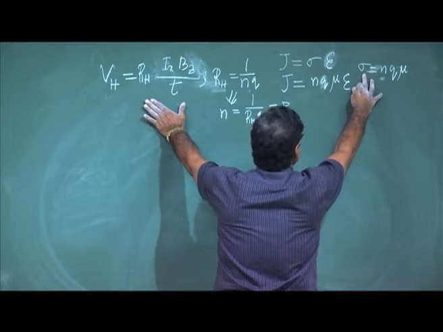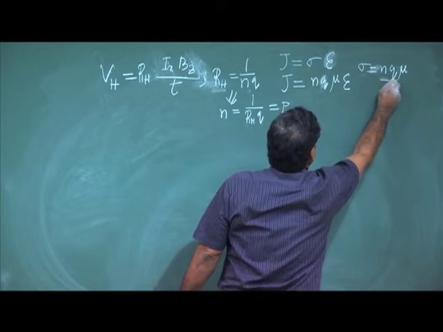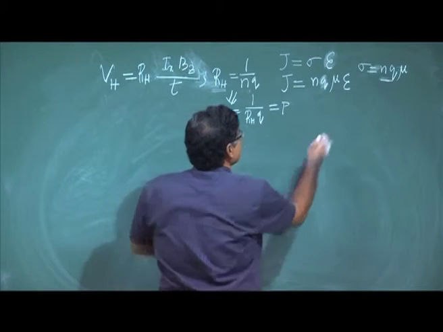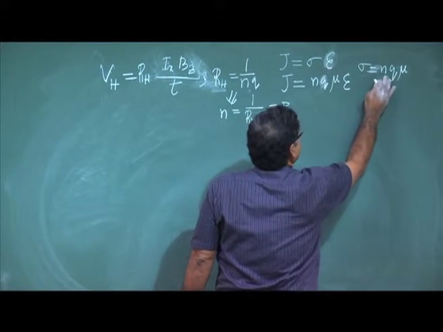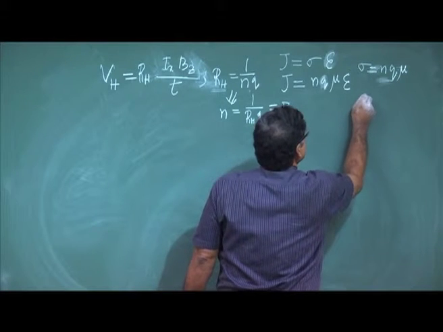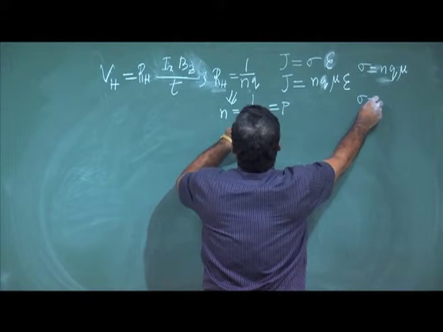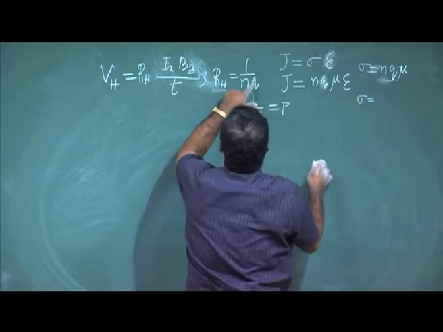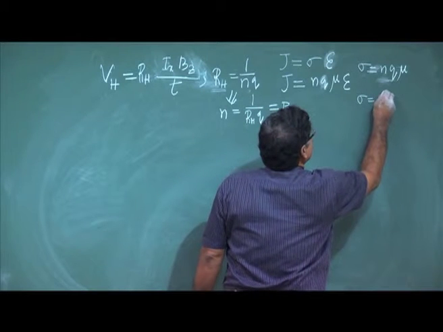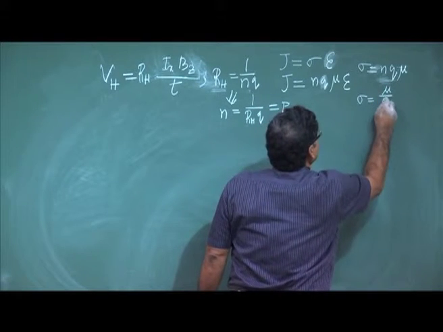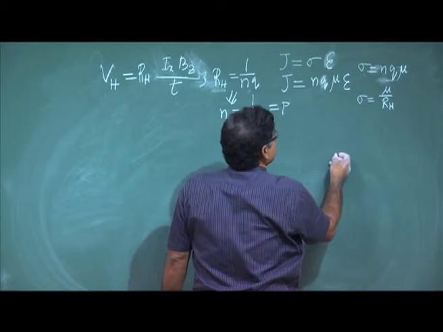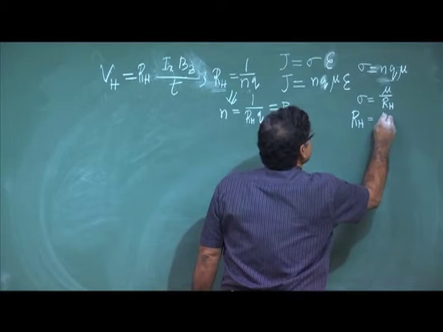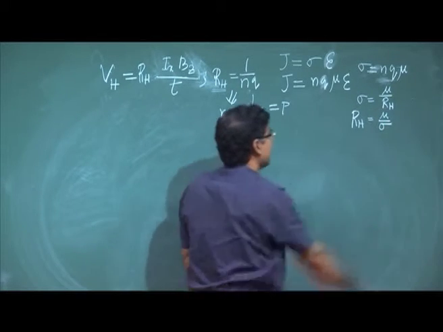From Hall measurement, I know this part, from RH. So, basically here I can write sigma equal to N Q, which is 1 by RH, so mu by RH, okay. So, RH equal to mu by sigma, okay.